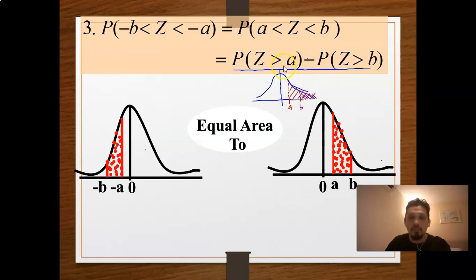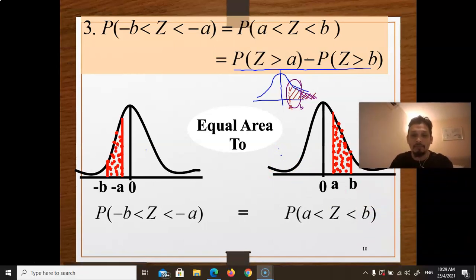So we call the probability of Z greater than A the whole area from A to the right side, minus the probability of Z greater than B on the other side here. So what's left is the area between A and B. So then it is equal to this one here.